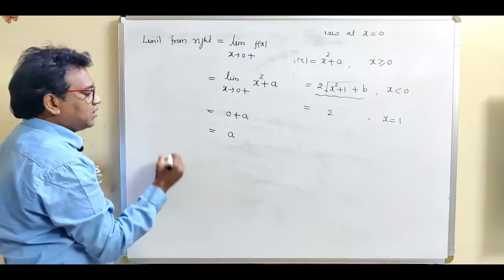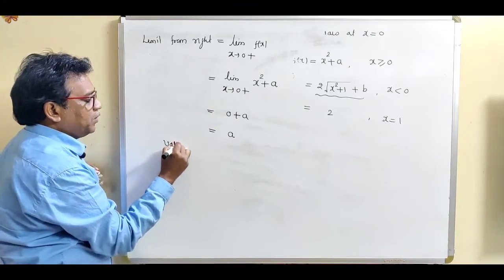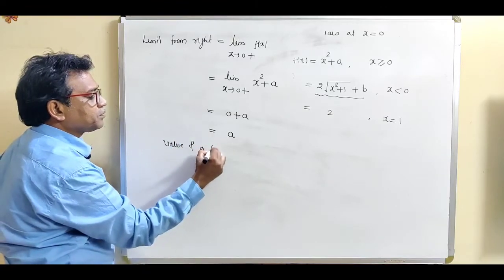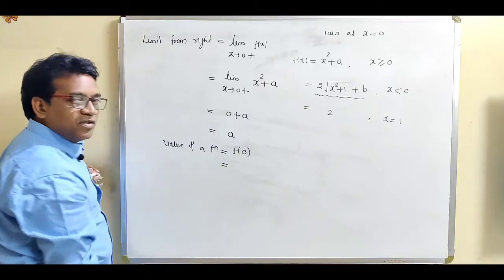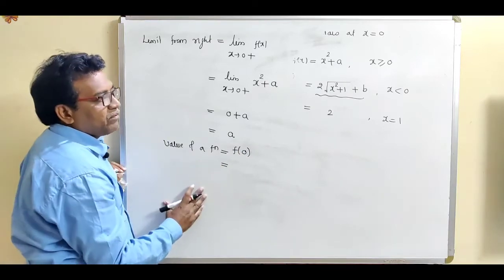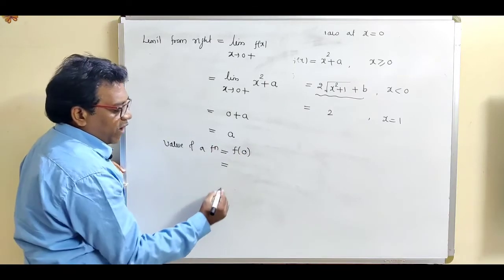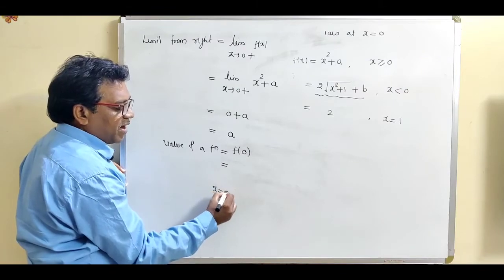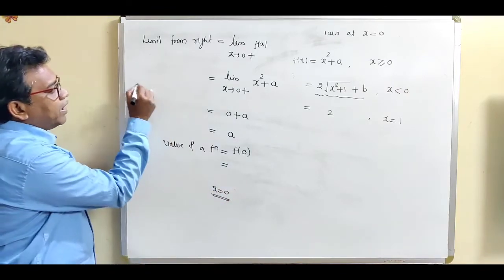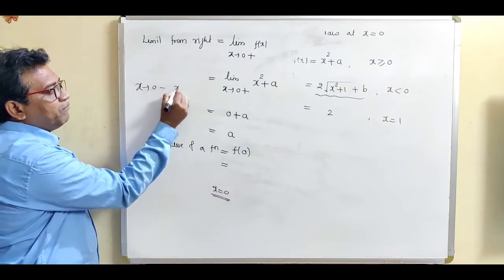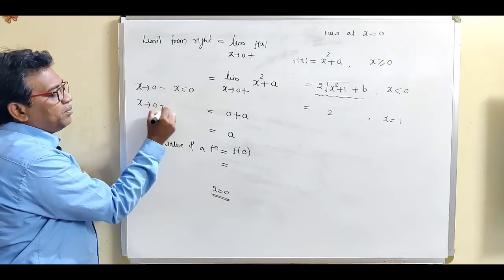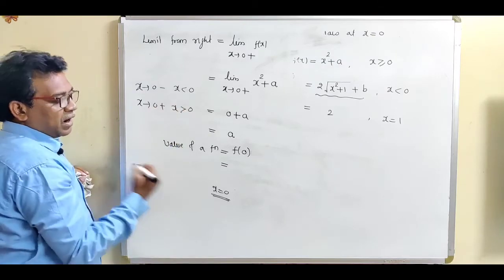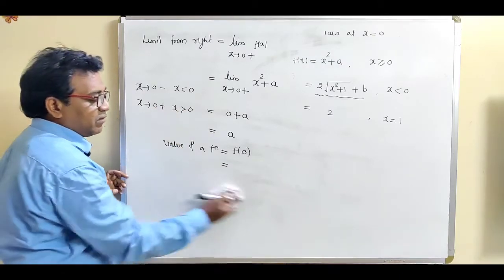Now let us find out the third term, value of function. Value of function at the given point 0 is the symbolical notation for the value of function. For value of function, we take the equality sign. For left hand limit, we take less than sign. For right hand limit, we take greater than sign. And for value of function, we take equality sign.